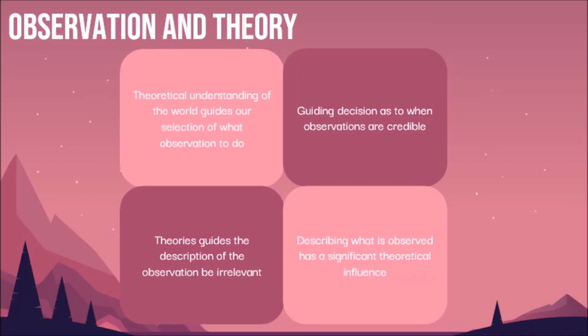Now, let us take a look at the relationship between observation and theory. All scientific knowledge must be based on observation as the basis of the scientific method, but there is a close link between observation and theory. Knowledge is a prerequisite for making scientific observations.